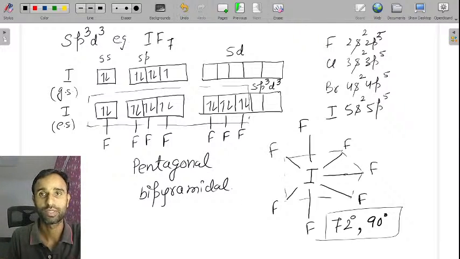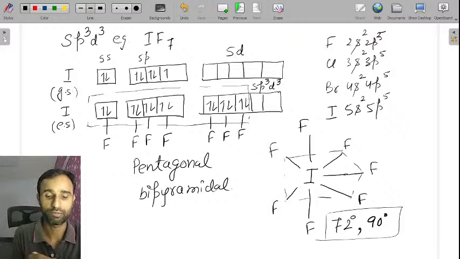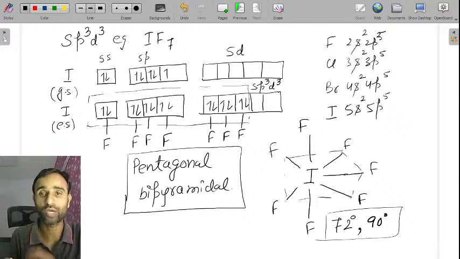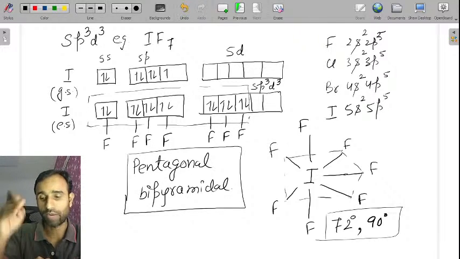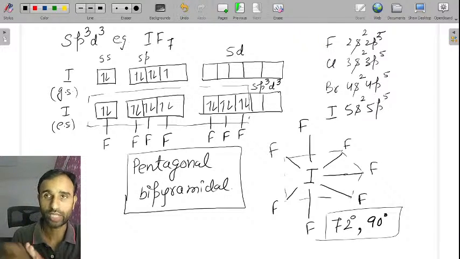It is pentagonal bipyramidal. Just like trigonal bipyramidal. In trigonal bipyramidal, there are 3 bonds in the same plane. Similarly here, it is pentagonal bipyramidal.